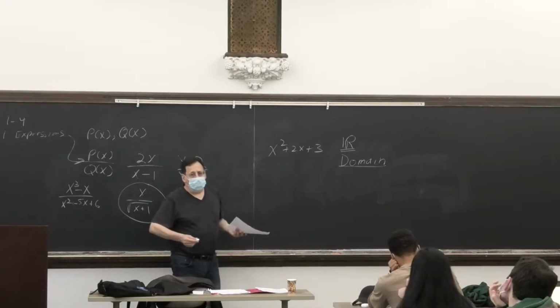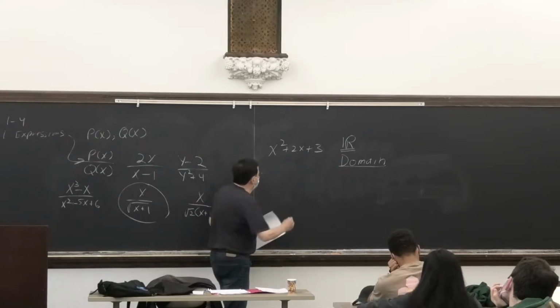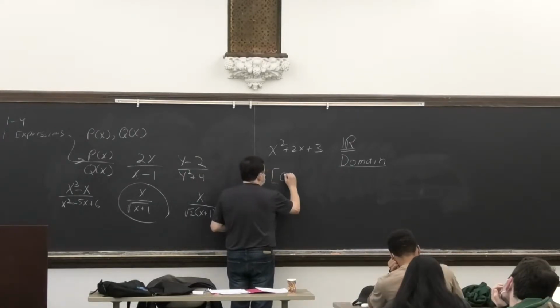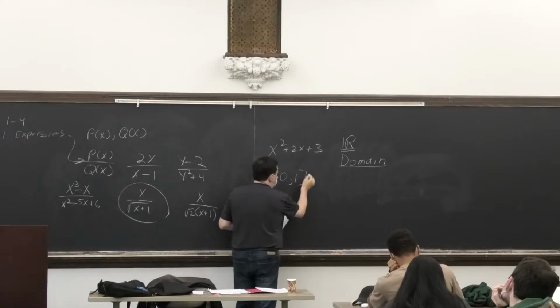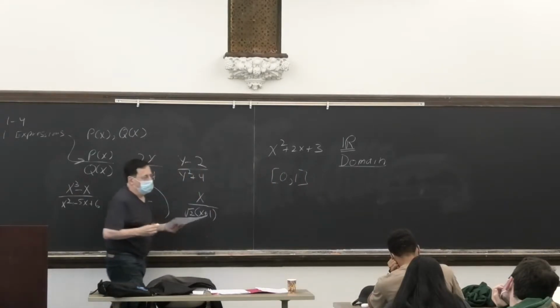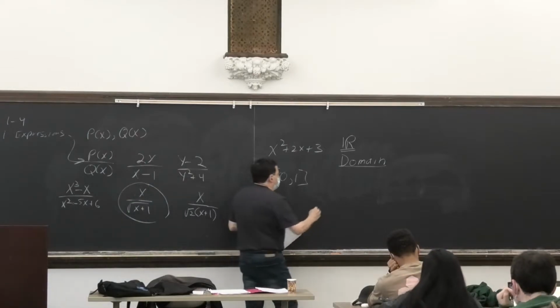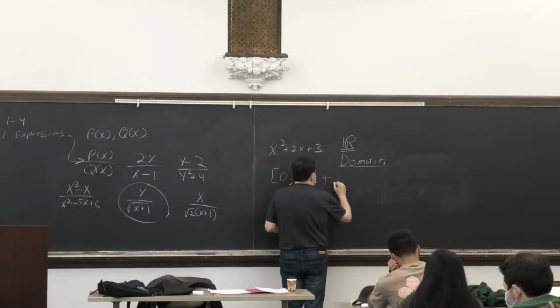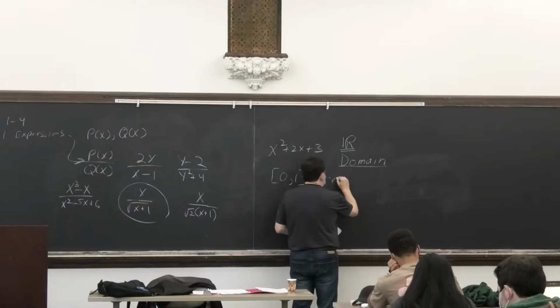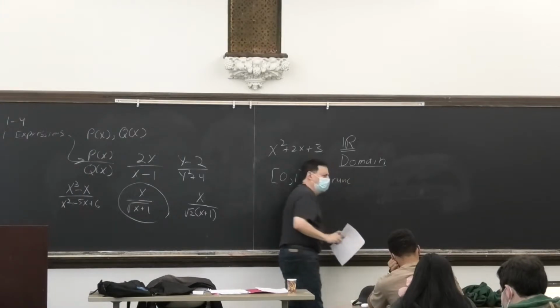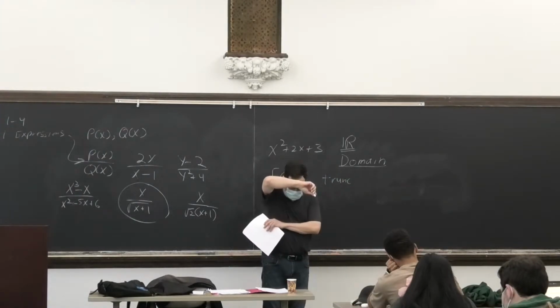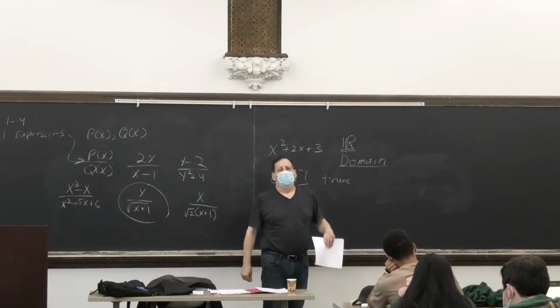It's perfectly acceptable to say I have an expression and I just want to look at it on this domain, 0 to 1, or any other domain. We sometimes give that a name, truncating. It's a different word. I can't think of the word.